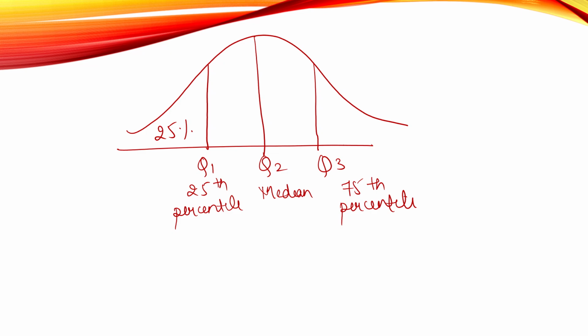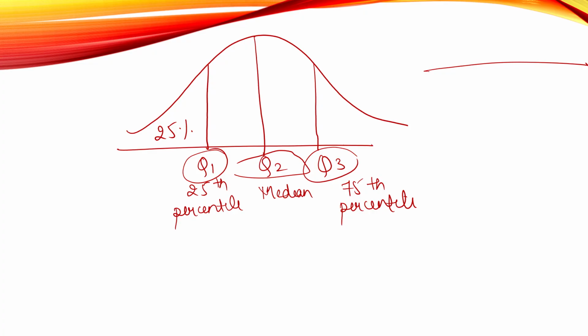Now, if you get a question to find the 25th and the 75th percentile of the given distribution, that means you have to find Q1 and Q3. If you are told to also find the median, that is Q2.